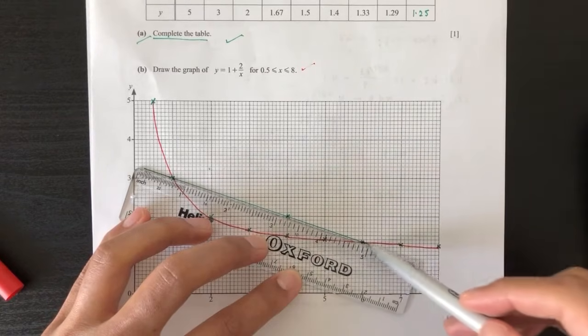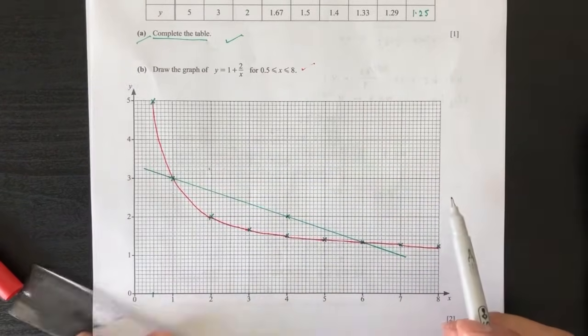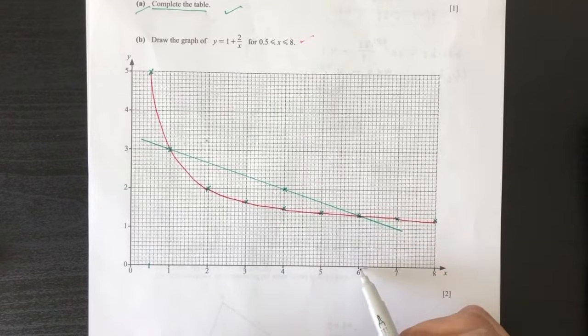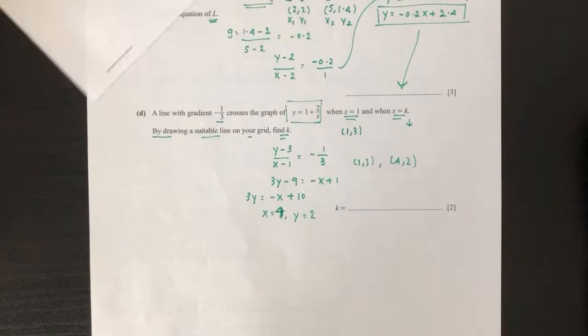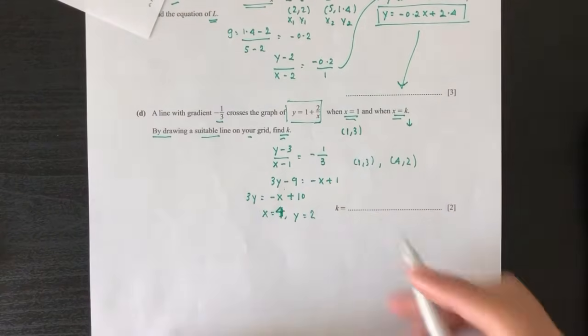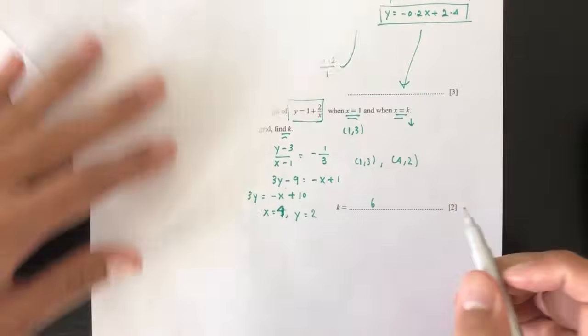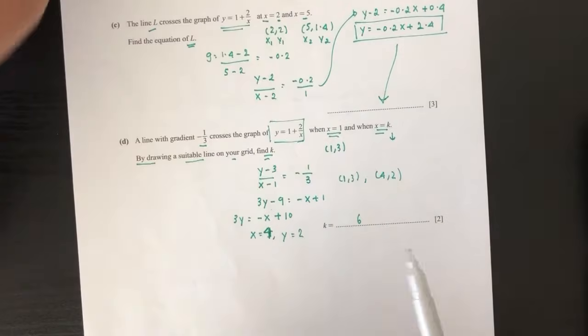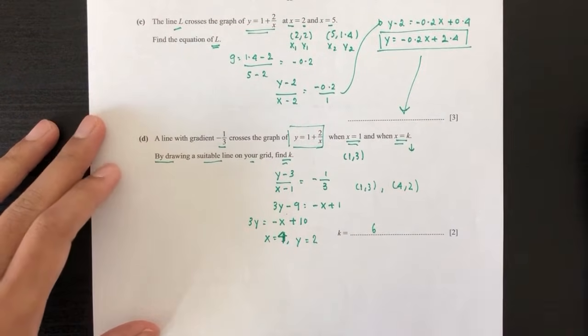Draw the line. You will see that the other point, where it cuts the curve again, will be the value of x equal to 6. So the value of k here will be 6, as seen on this graph. 6. And that is all for question number 7.